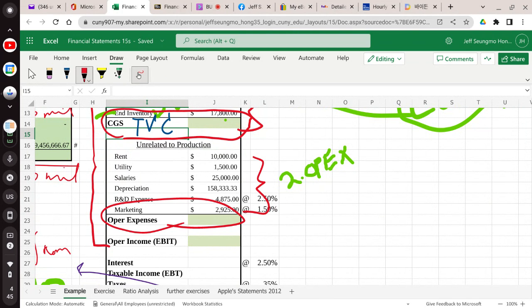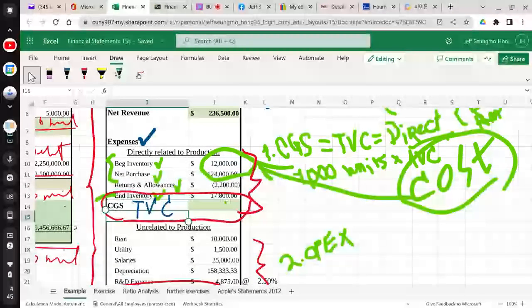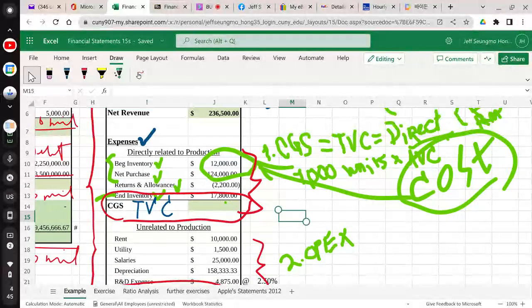However, when it comes to the direct cost section, CGS is the conclusion, but also is part of the activities. So if we follow the activities, yes, CGS must happen before the ending inventory, and ending inventory will have to be the result of all those activities.